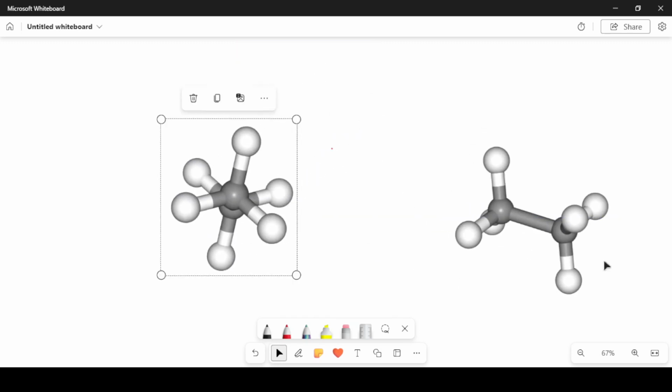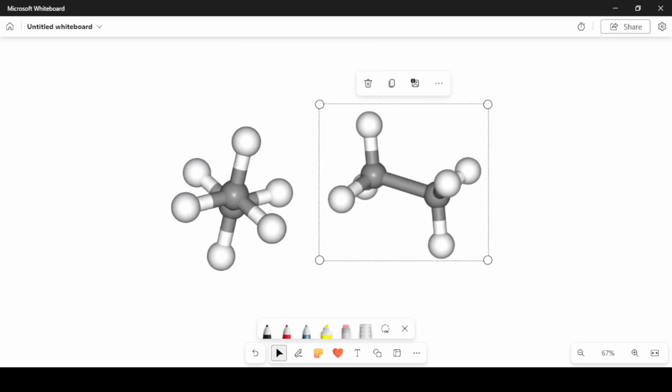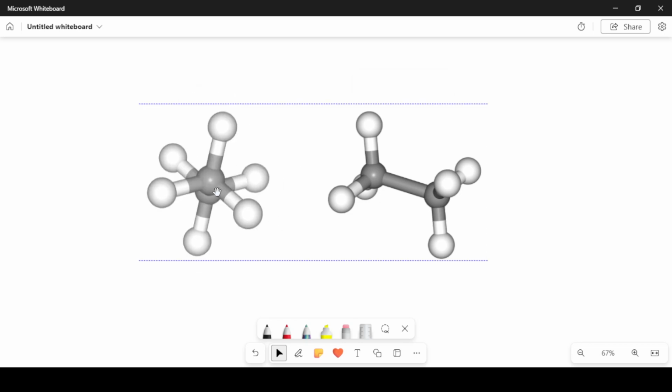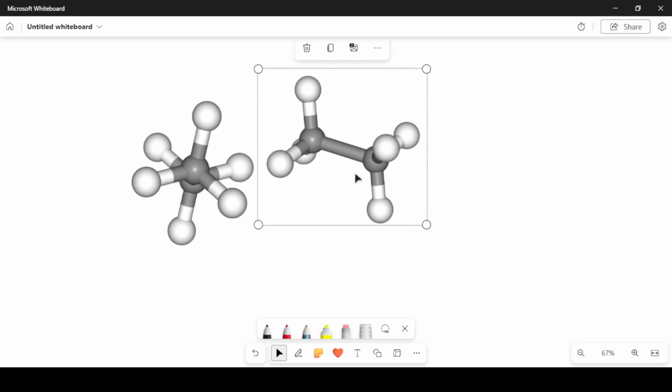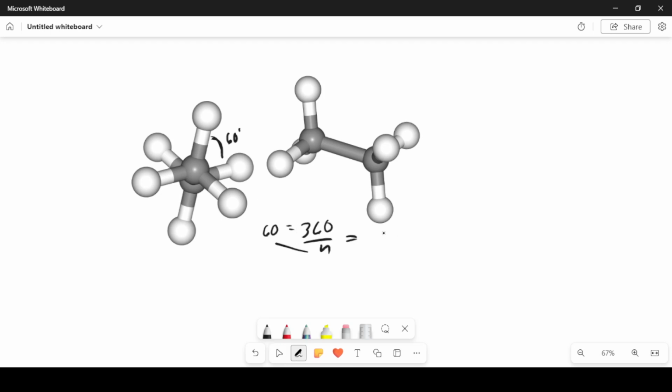Ayan. Can you see it? Okay, yes. So, the ethane, makikita natin, ilang degrees to? You think? 60 degrees. So, di ba? 60 degrees, 360, and substitute, kunin natin is 6.